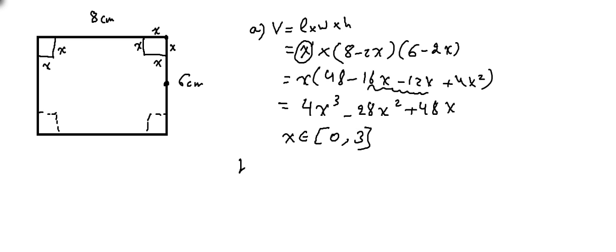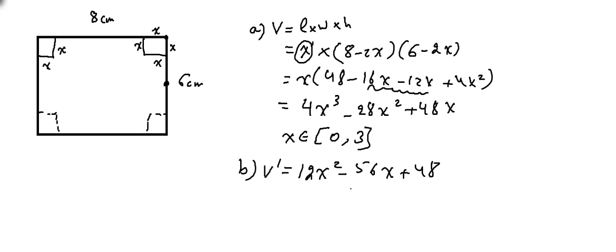Part B, we need to find the maximum possible volume and the corresponding value of x. To have that, we find directly the derivative, because we are maximizing here, right? So it's 12x squared minus 56x plus 48.